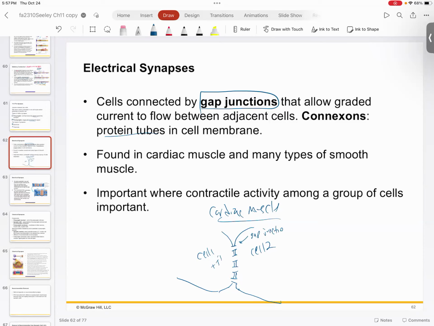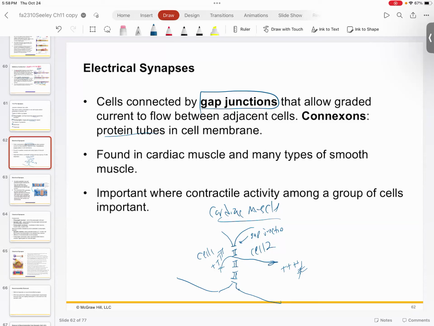So if you have an ion that rushes through this, then you can have this sort of depolarization event, like a synapse, right? This happens often when your two cells have to have coordinated activity. They have to basically operate and act at the same time. So they have to coordinate their responses, like the cardiac muscle cells all have to contract at the same time.